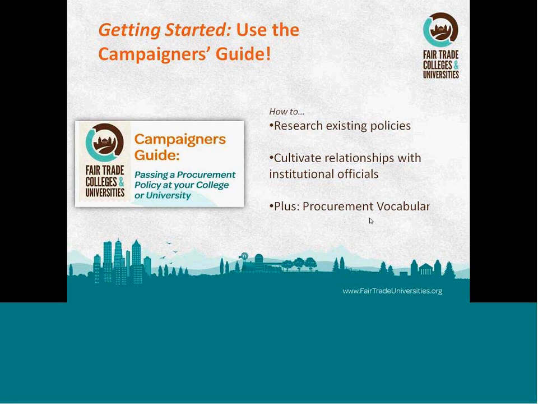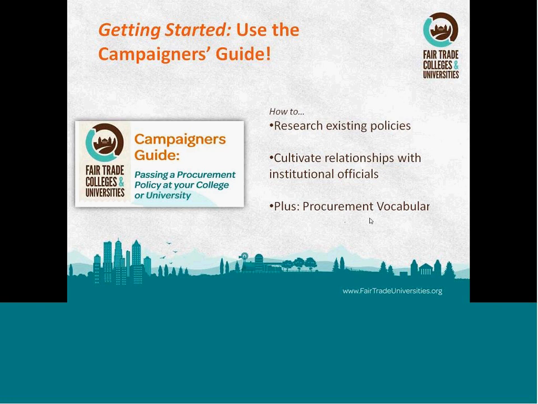The campaigner's guide helps walk you through researching existing policies, how to cultivate relationships with institutional officials, and provides definitions for some of the more technical terms you'll see as part of this work.